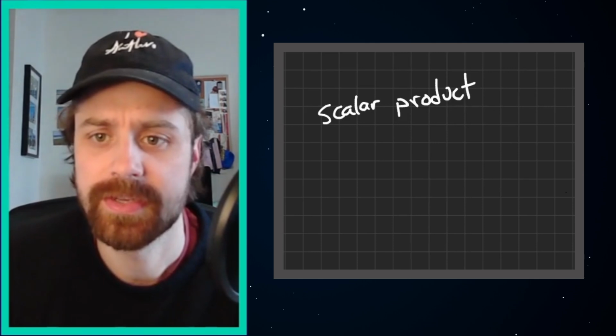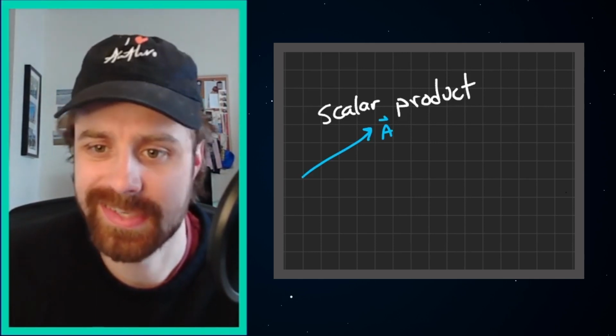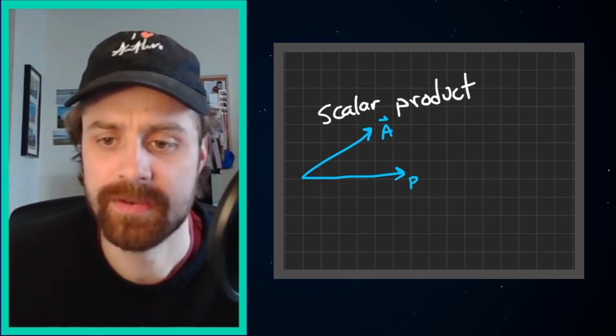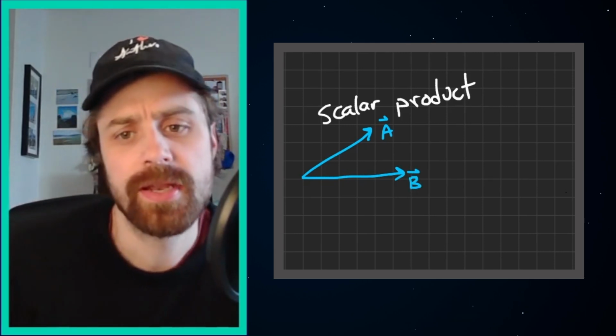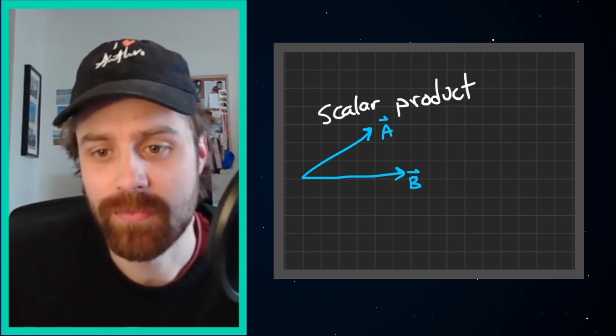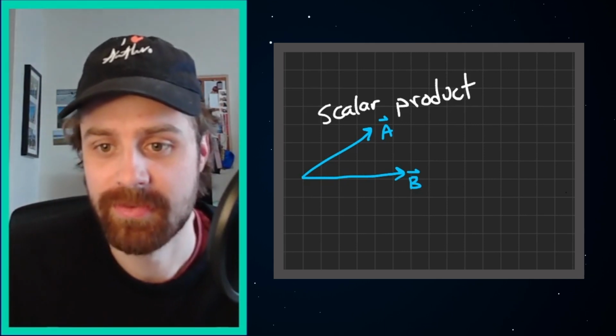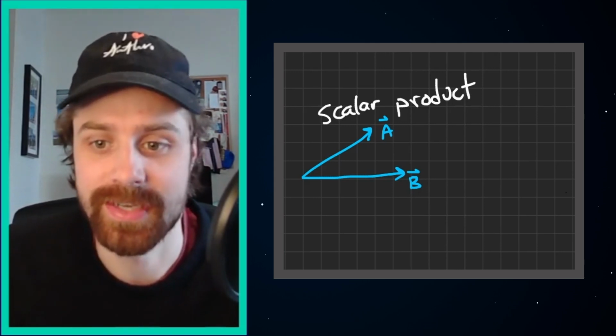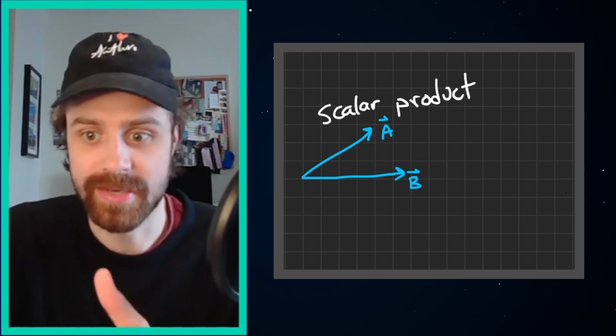Let's say we have vector A. This is just an example, so nothing to do with the problem that we're looking at here, but just imagine vector B. And a way to think about scalar product is to consider it like this. What amount of vector A is contributing in the same direction as vector B, so that combined interaction.